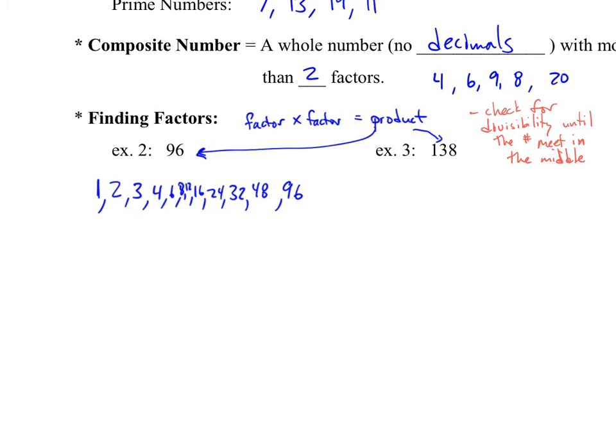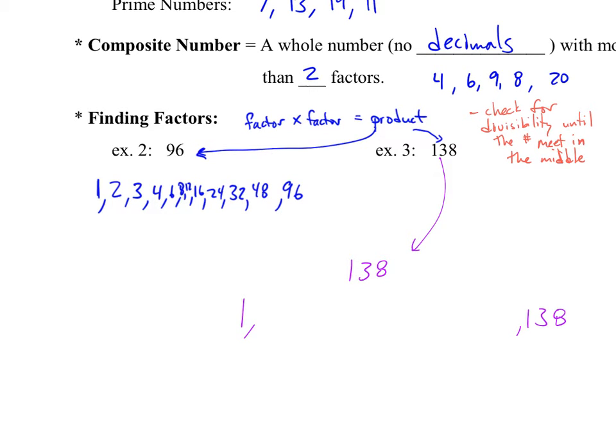So I like starting at the bottom end. So 138. I'll do that one down a little bit lower. Just move this guy down here. 138. So obviously 1 and 138 work. Does 2 work?